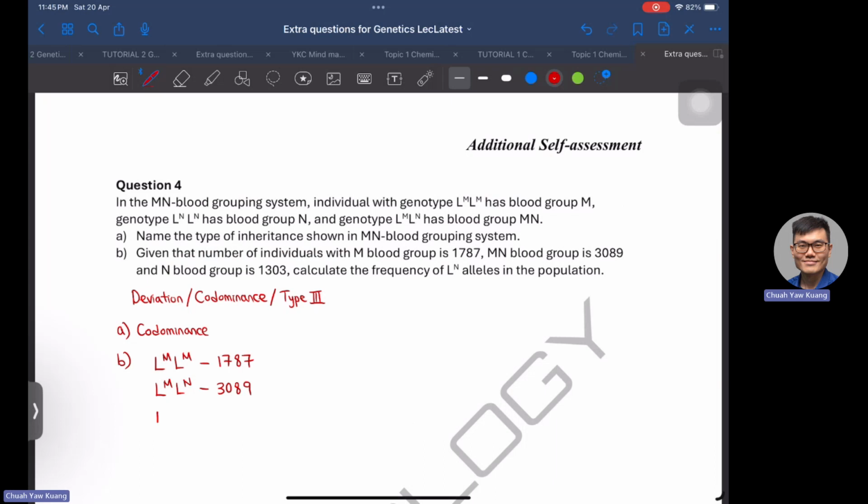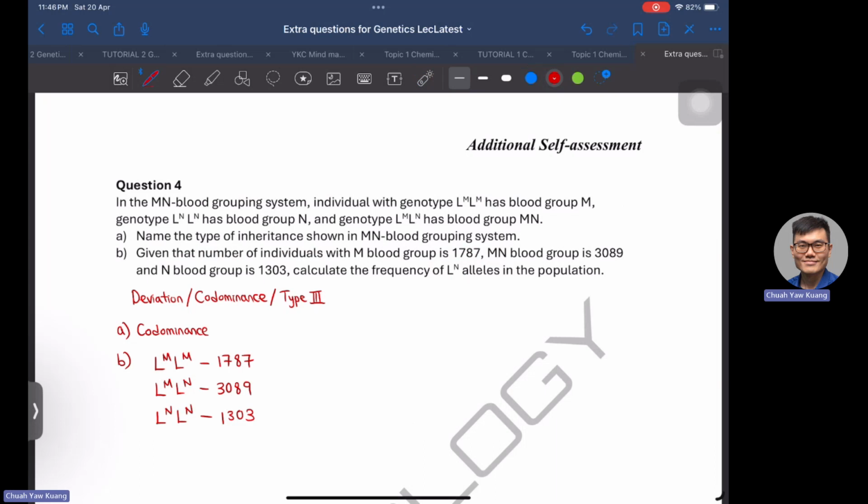And those with homozygous N, the total number is 1303. Since the question is asking for the frequency of the allele, we have to count the number of alleles, the N allele. We have to look at it one by one.